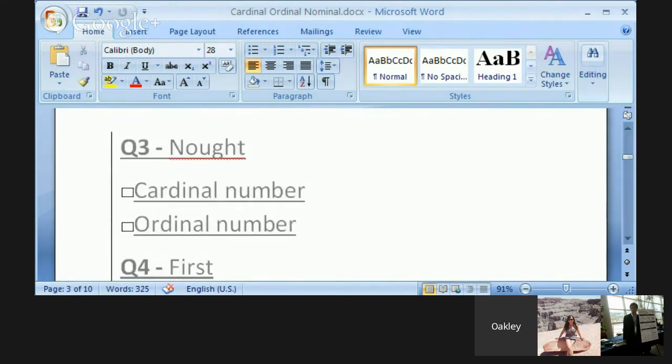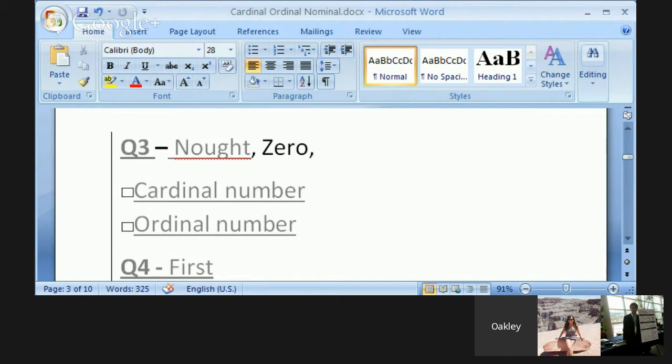How about this one, Carolina? Not. What is not? Not is another way to say zero. How else can we say zero in English?